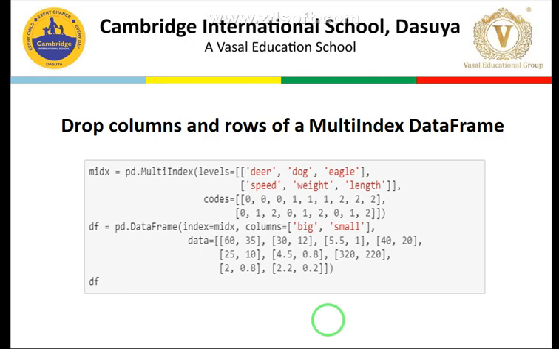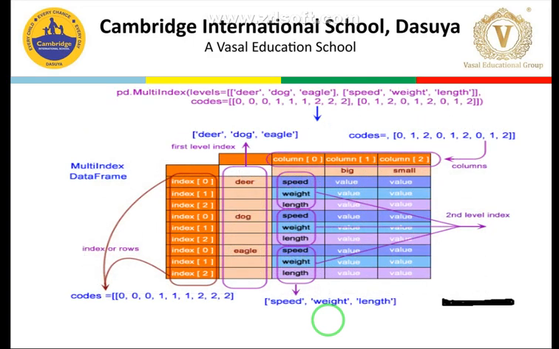The picture gives you a better idea of how the data looks. Here you can see at level 1 we have deer, dog, and eagle. At level 2 we have speed, weight, and length. Codes basically represent the index values, and then at the rightmost we have the big and small values of the corresponding speed, weight, and length of the corresponding animals.